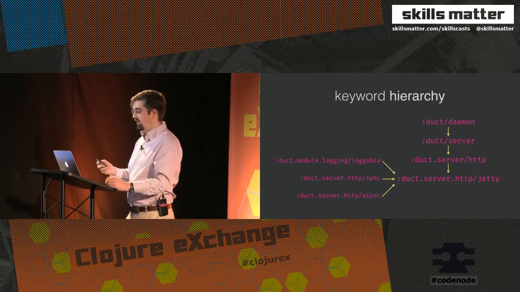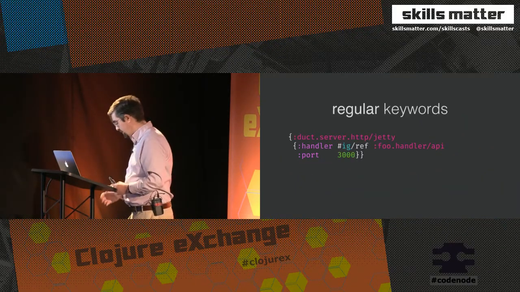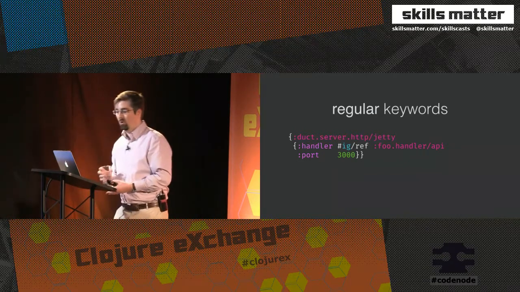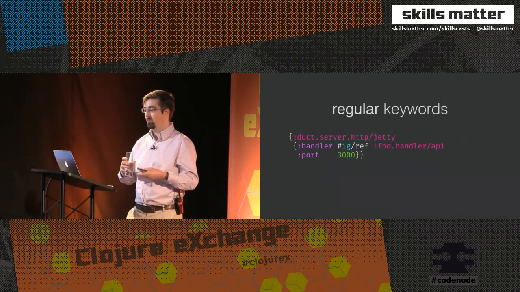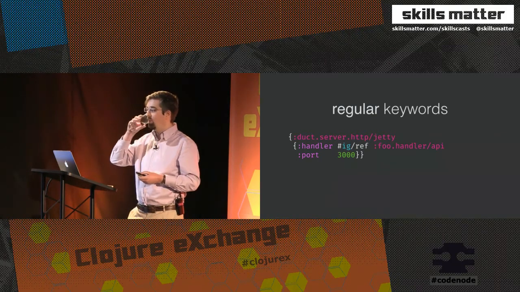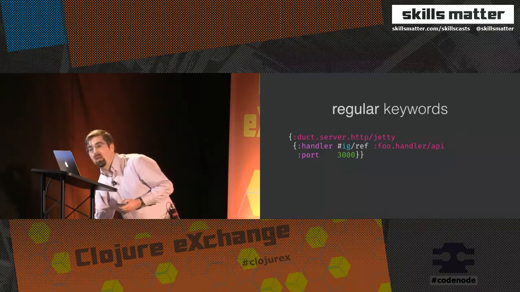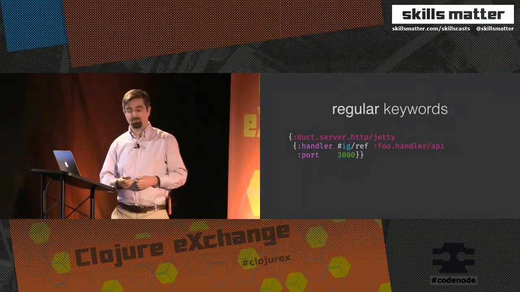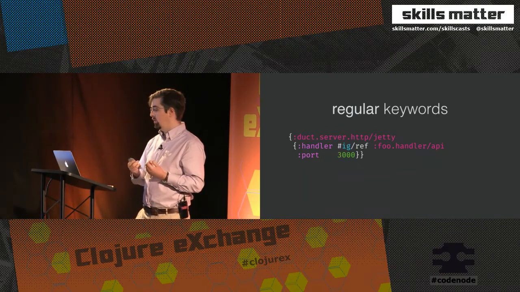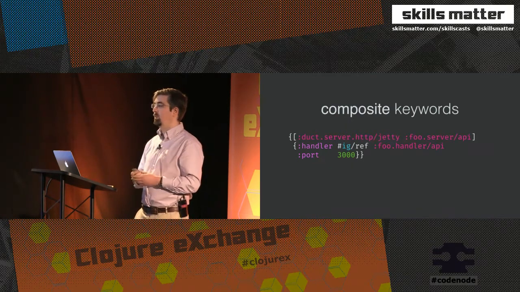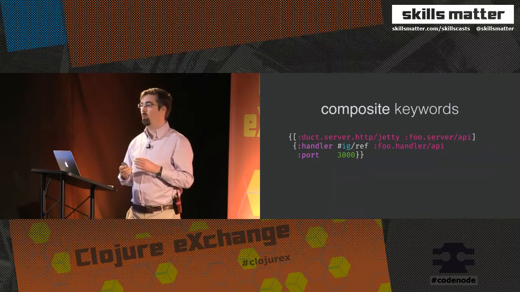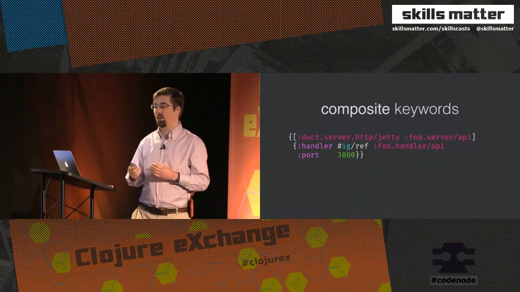So Integrant has this idea of having regular keywords. This is a quick example of how you'd set up a web server. We have a handler which has a reference and we have a port number. We also have this thing called composite keywords, and this is just a shortcut way of doing inheritance on the fly.